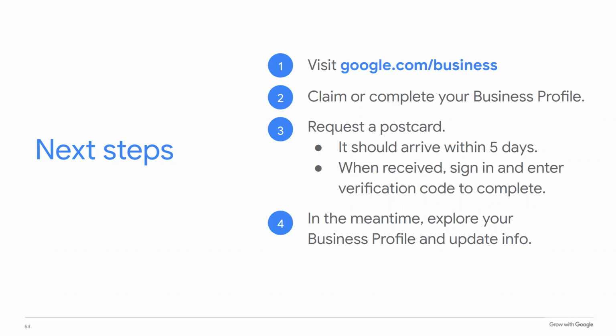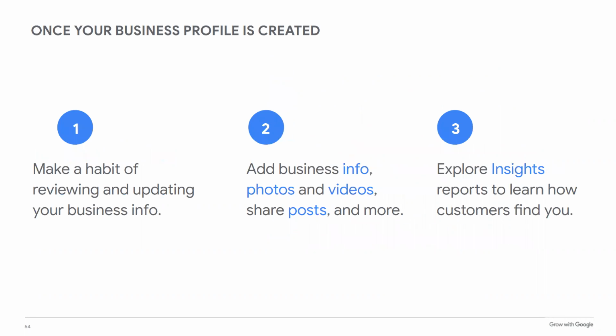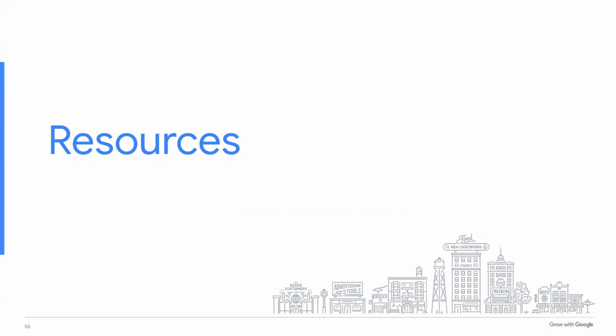In the meantime, explore the profile and update the information on it. Make a habit of reviewing and updating this information. Add business info, photos, and videos, and share posts and more. Then ask your customers to start reviewing, visiting your listing and reviewing you on Google as well. And also explore the insight reports and learn how customers can find you.